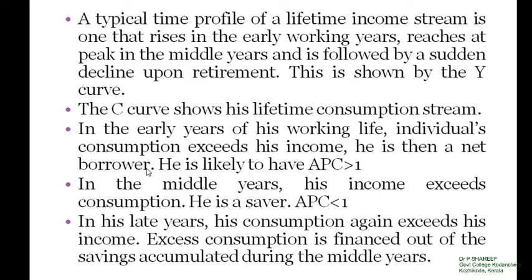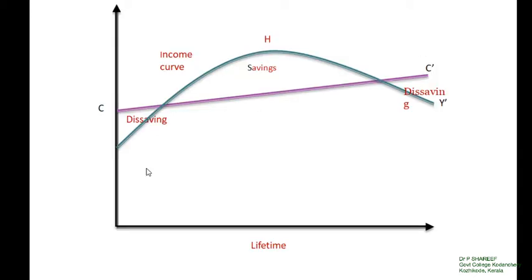Here, a typical time profile of a lifetime income stream is one that rises in the early working years, reaches a peak level in the middle years, and is followed by a sudden decline on retirement. It is shown by the Y curve in the diagram.